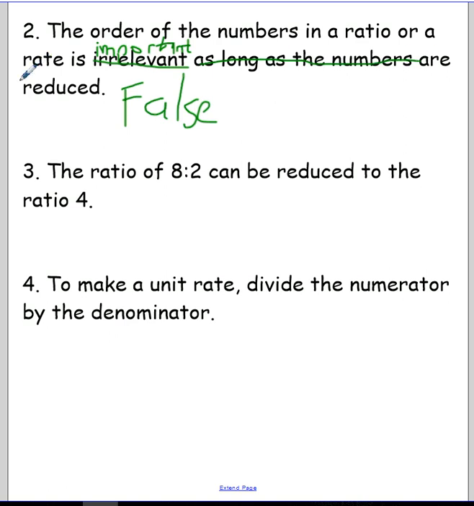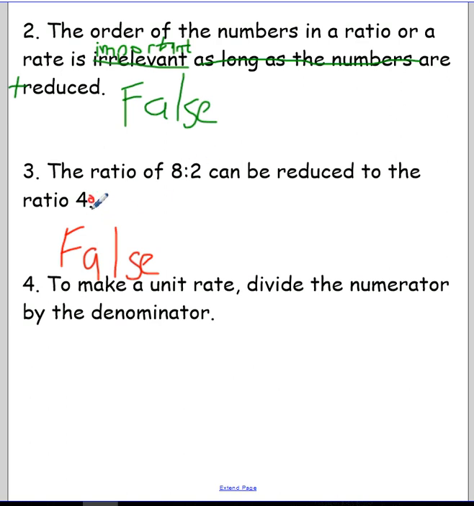And of course, we need to reduce the fraction. Number 3, the ratio of 8 to 2 can be reduced to the ratio of 4. Well, 4 is an incomplete ratio. They did kind of try to simplify it, but 8 and 2 are both even, so 8 divided by 2 is 4, but 2 divided by 2 is 1.